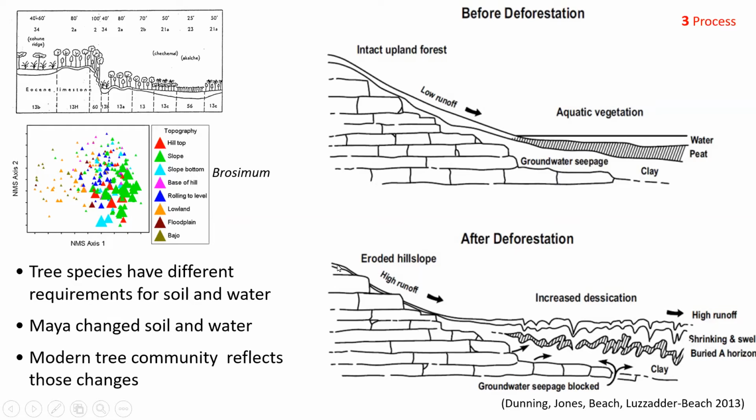There was a lot more territory like this with thin soil and more territory with thick soil, which no doubt meant that the populations of the species after the Maya were different from what they were before the Maya came and started deforestation. So this is another process, I think, which has determined the patterns we see today. There's a lot more to be said about the Maya impact on the forest, but we don't have time to go into that now.